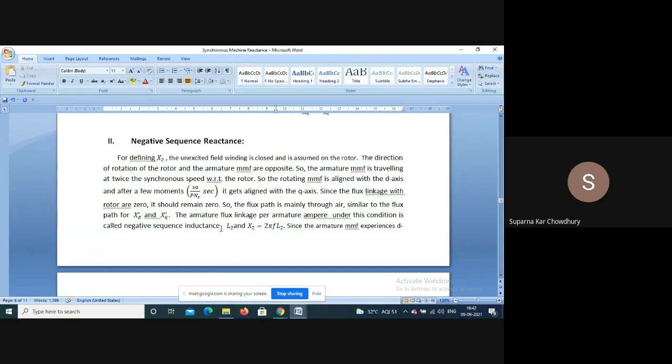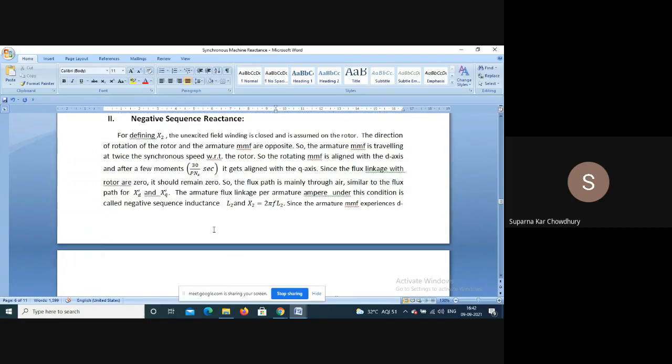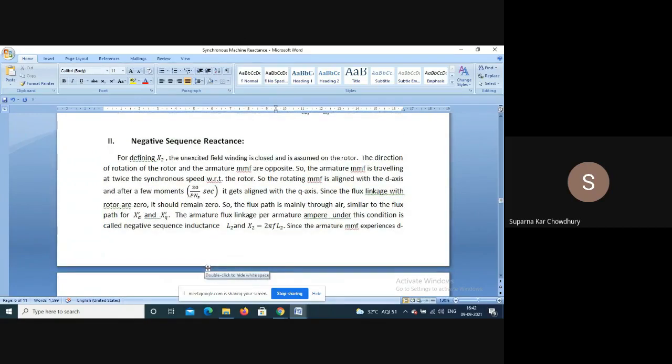So reactances offered to negative sequence and positive sequence also have to be defined. Now for defining X2, the unexcited field winding is closed and is assumed on the rotor. The field winding is on the rotor. The direction of rotation of the rotor and armature MMF are opposite.